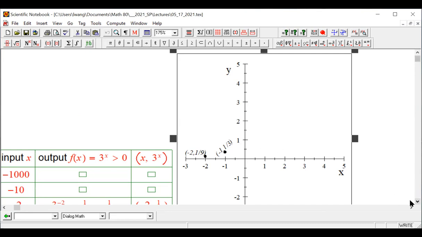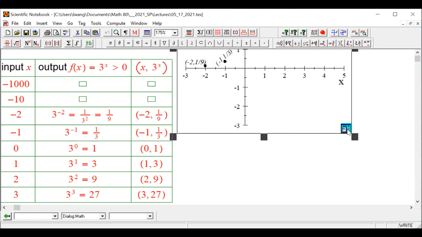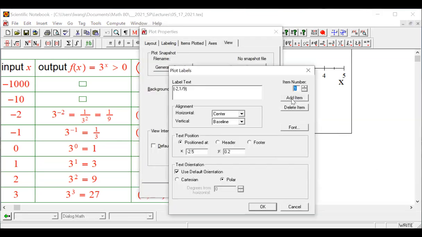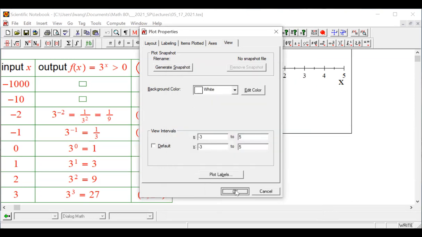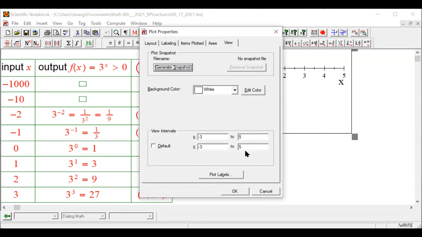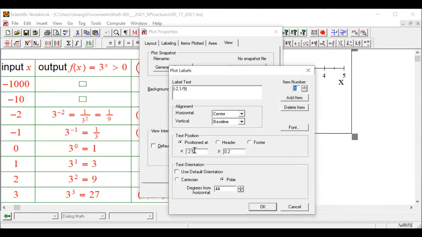Next one. So keep plotting the points. Maybe I can even make this one 45 degrees to see how that looks. Maybe I should make that a little bit closer.